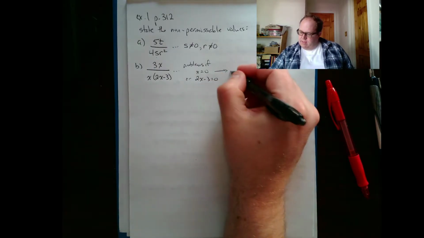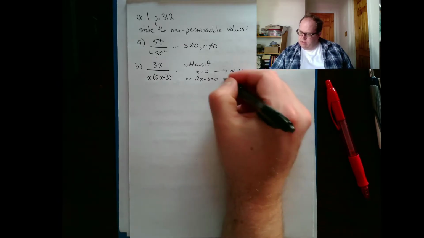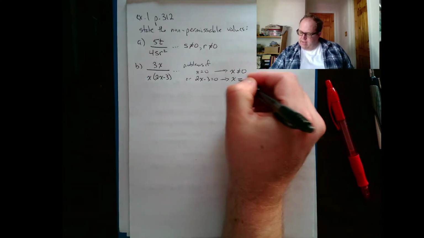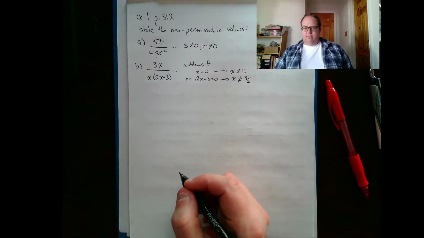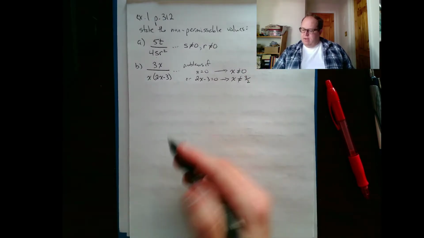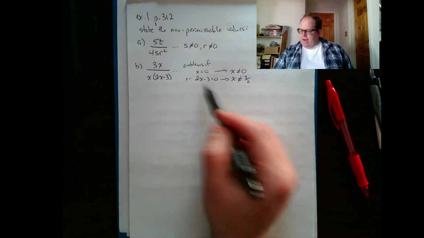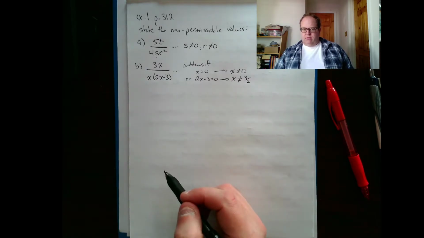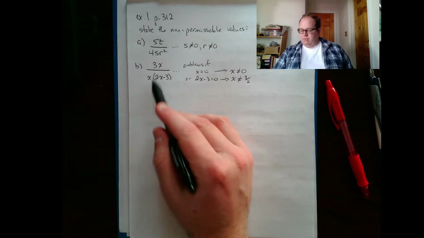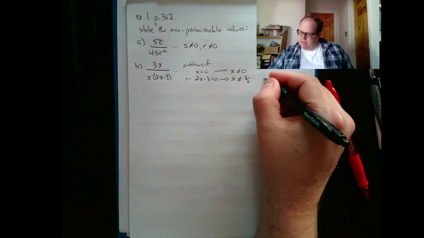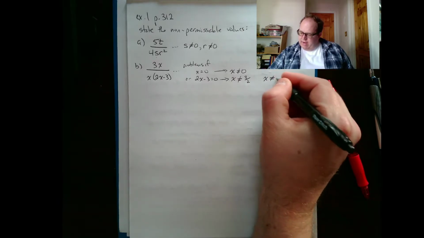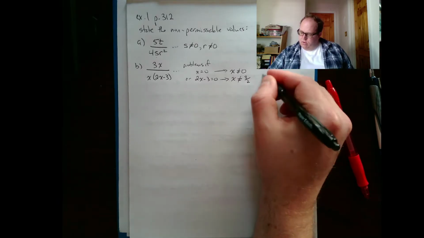This leads me to state that x can't equal 0 and x can't equal 3 halves. Effectively, solving these statements for x gives you your non-permissible values, because those tell you what would give you division by 0 here, which is the thing we can't have. And I would tend to write that a little bit more concisely and say x can't equal 0 or 3 halves.